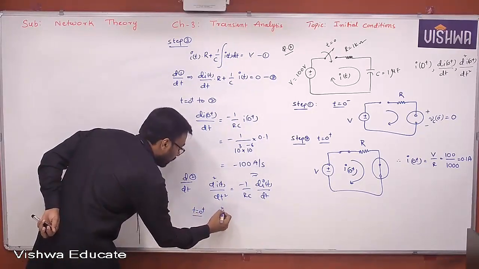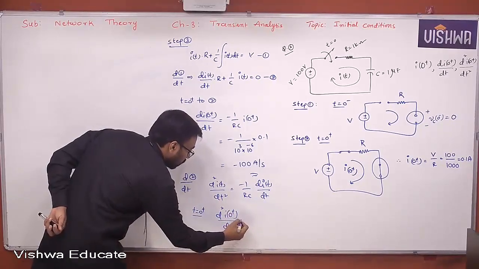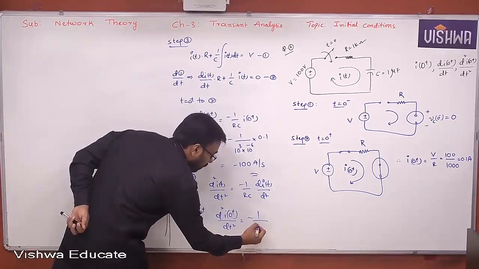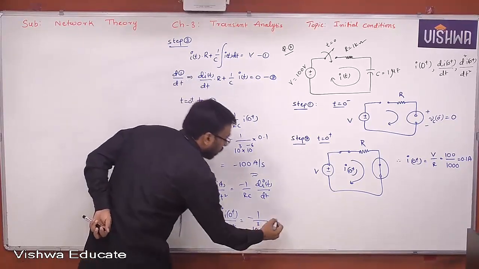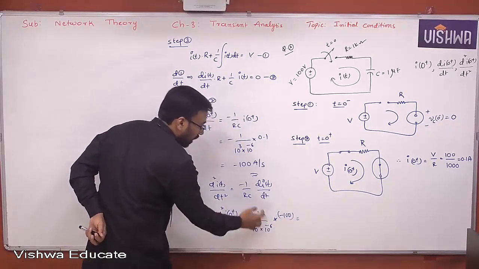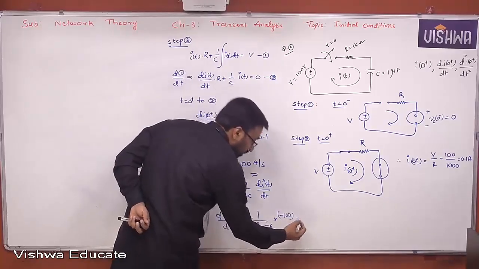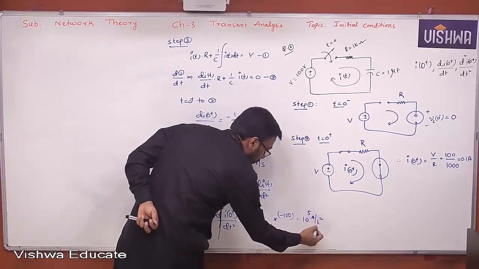Then what will I get? D square I of 0 plus by dt square is equal to minus 1 by, once again here, 10 power 3 into 10 power minus 6, into minus 100. So what will you get? It's minus into minus plus, 10 power 3 into 100, 10 power 5 amperes per second square.